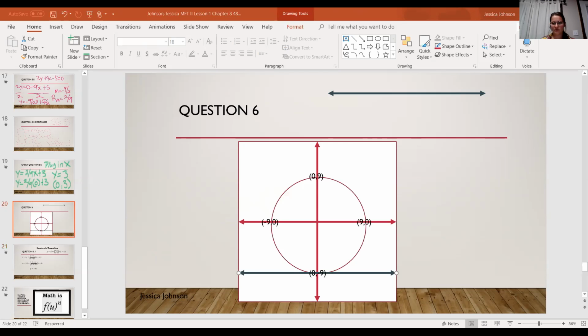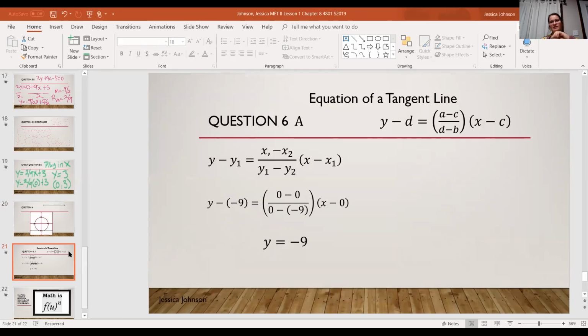Now I'm going to go back to PowerPoint. And here is the equation of a tangent line. Y minus D equals A minus C divided by D minus B times X minus C. I like to think of it as the X, Y variables because A, C, D, B could get a little confusing.